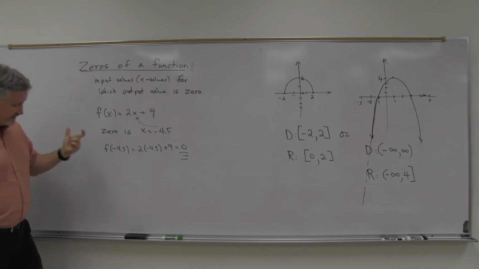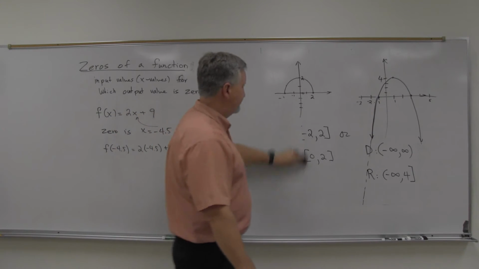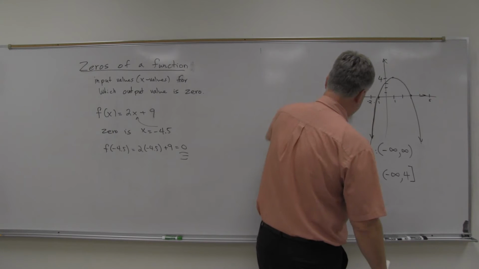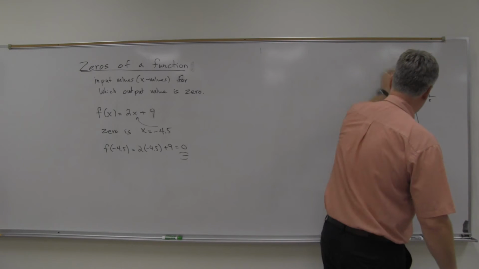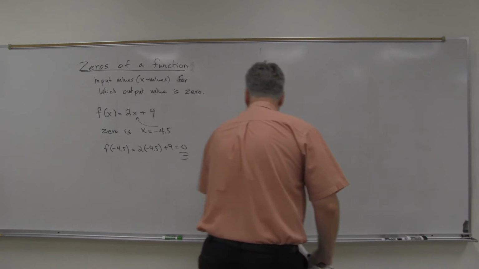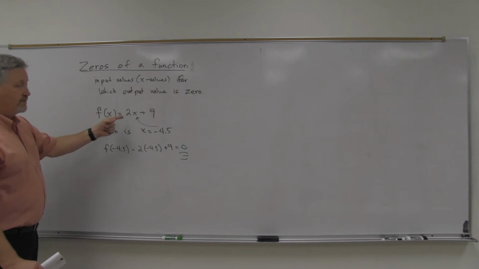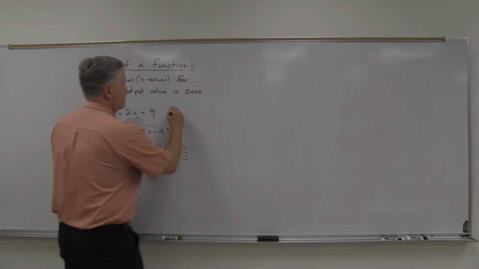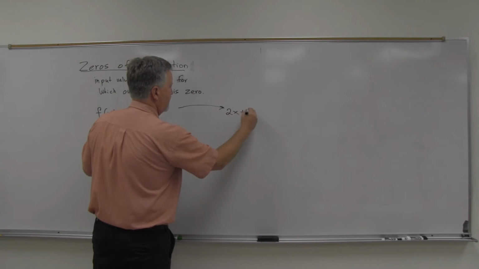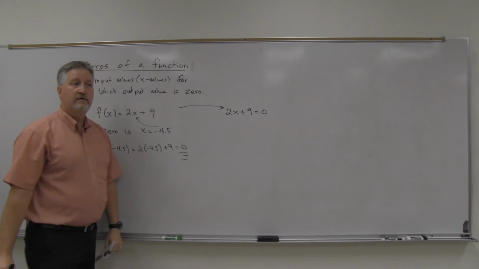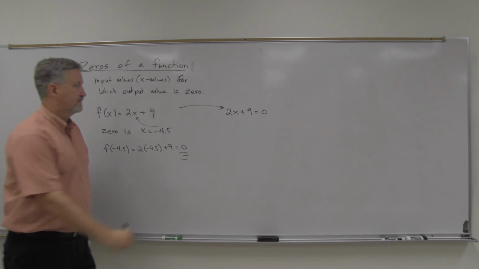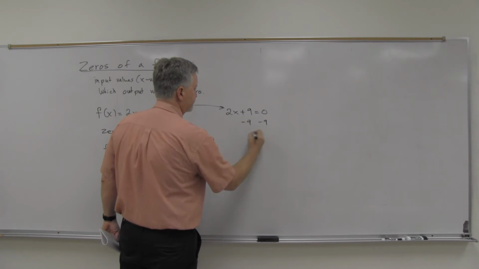Now, in practice, how do we find those? Well, we use what a zero is to our advantage. I gave this one to us here, but the way we could find this, could we say 2x plus 9, set that equal to 0? And guess what? If you solve that, you get negative 4.5, don't you?